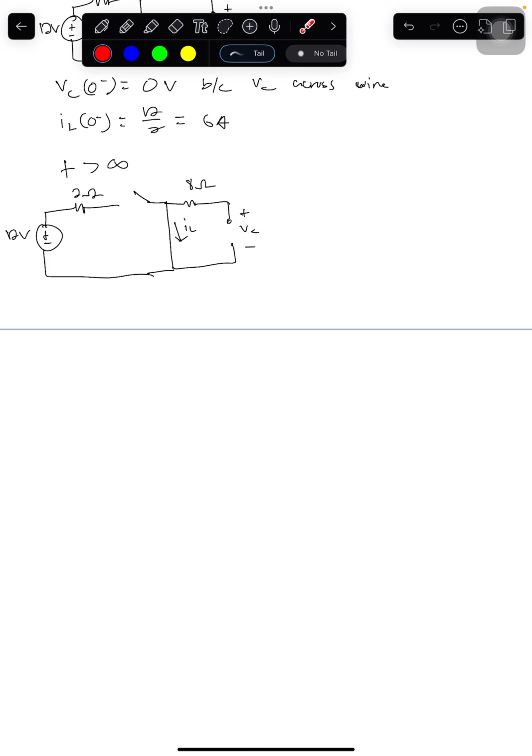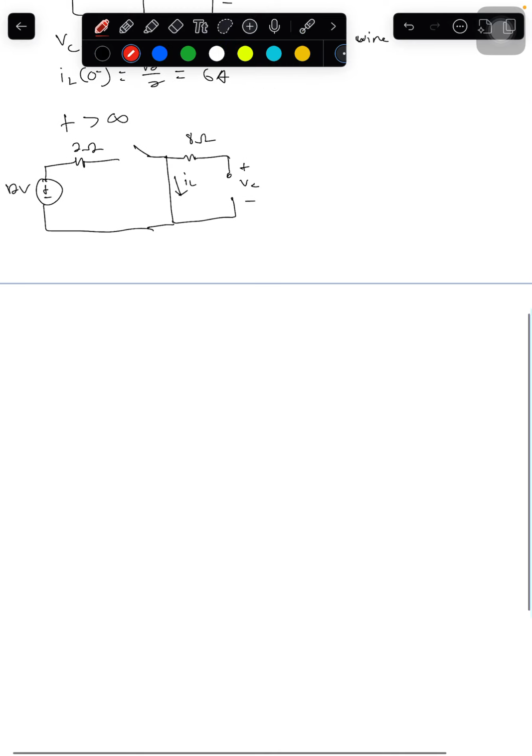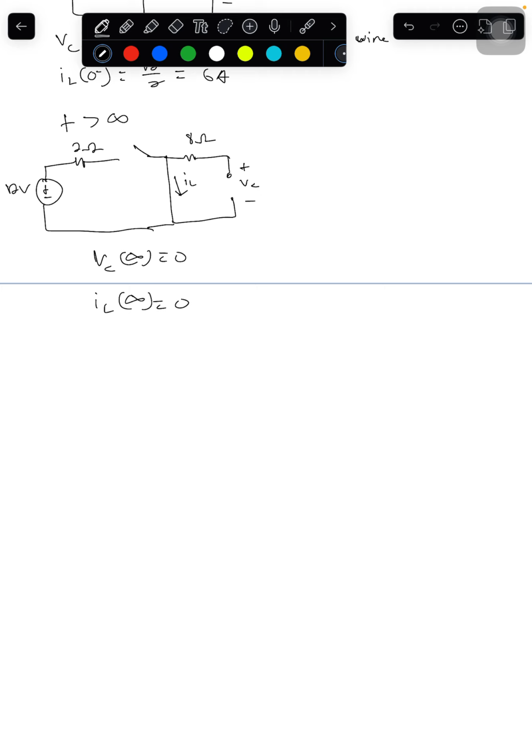So there's not going to be current flowing through anywhere, actually, because there are 2 opens. So VC(infinity) equals 0, IL(infinity) equals 0. Pretty simple.